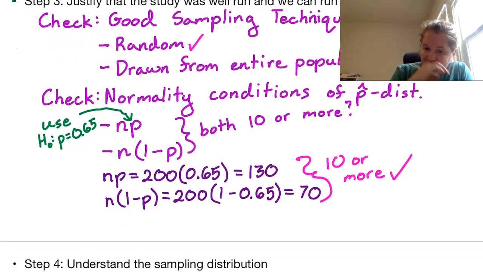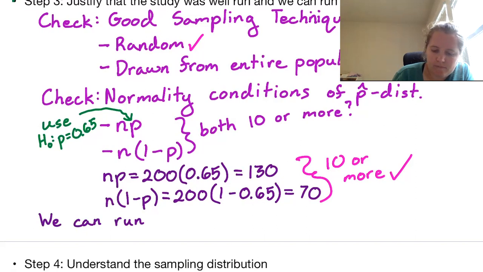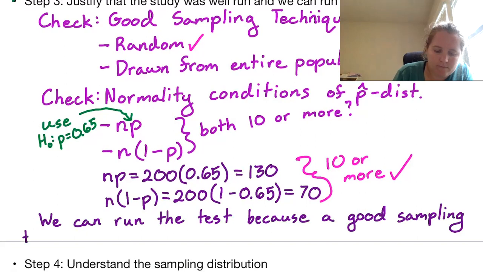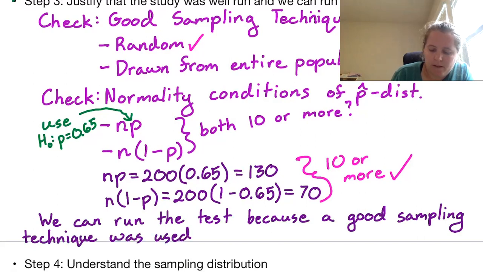And so we can simply say that we can run the test because a good sampling technique was used and the normality conditions were met.